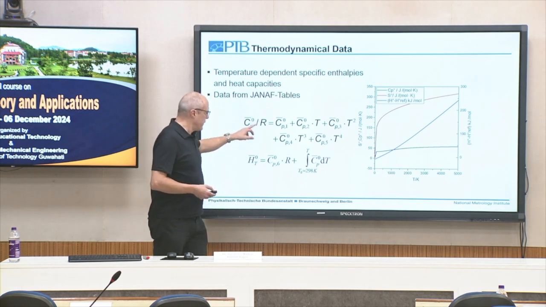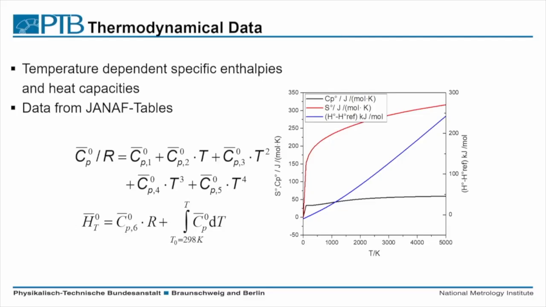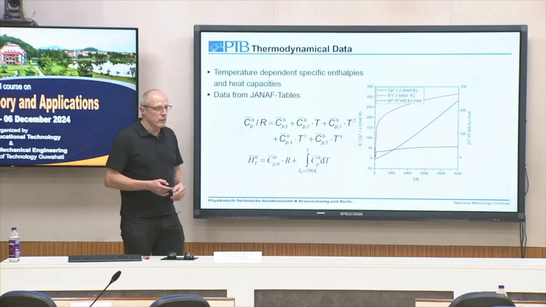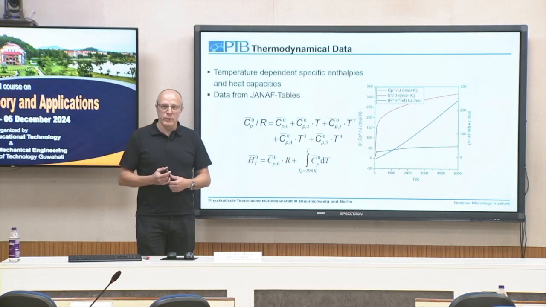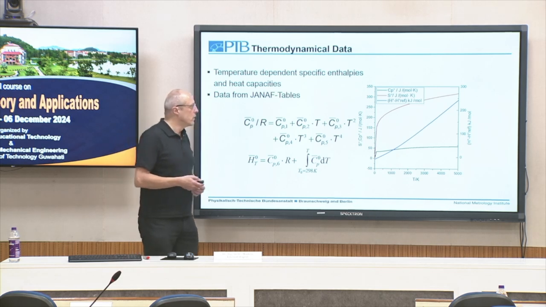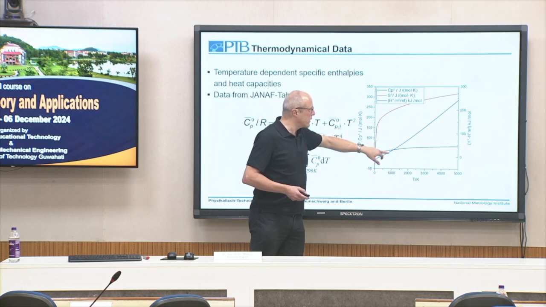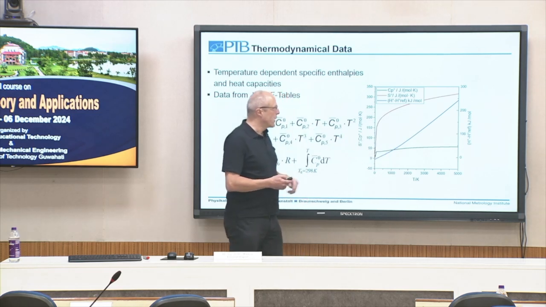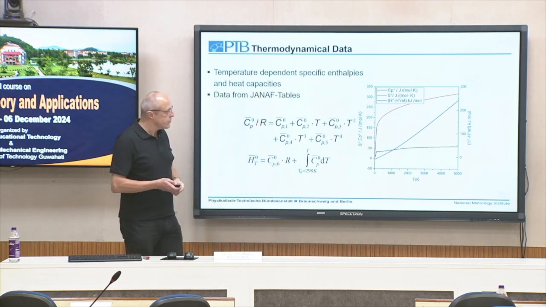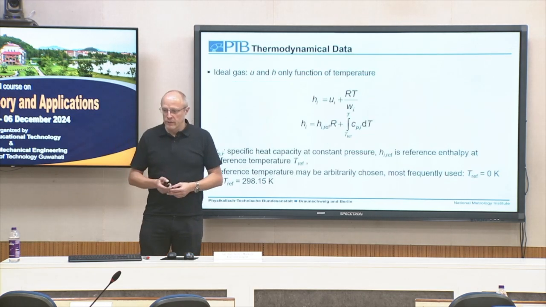Then there is a 6th coefficient to calculate the enthalpy, together with the heat capacity we have here. And not given here, there's normally a 7th coefficient, and so we can yield also the entropy. And then it looks like this: entropy here in red, enthalpy in blue, and heat capacity in black, as a function of temperature over a very broad temperature range.